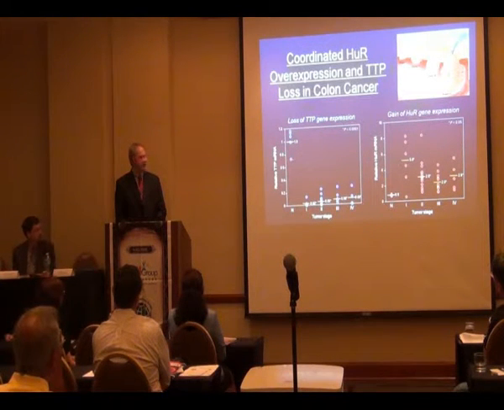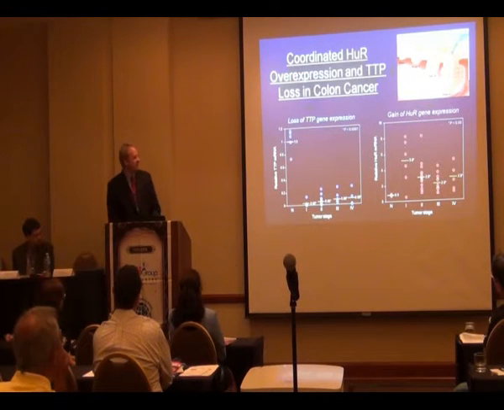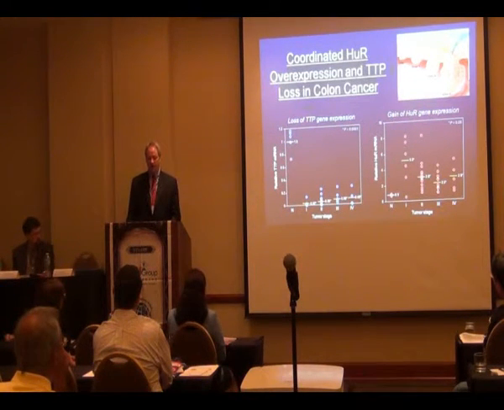And I'll show you some histology validating this. Just the opposite, HUR expression in normal tissue is moderately low, whereas it becomes upregulated from 2 to 5-fold in the HUR mRNA in the colorectal tumors.